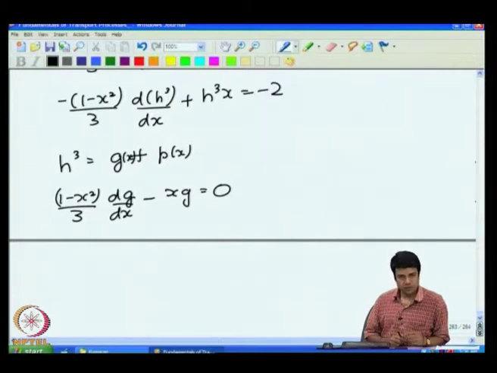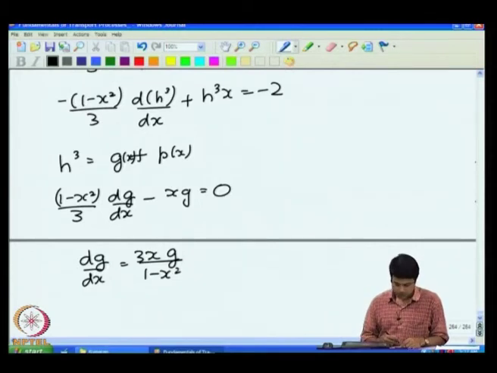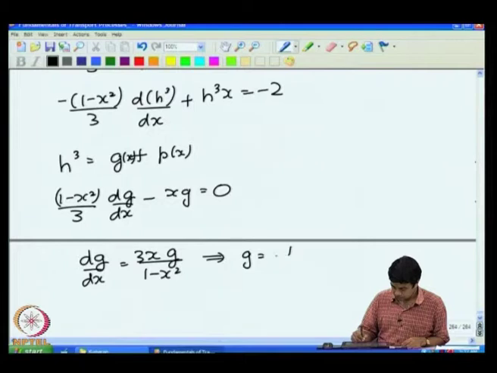So, this is the general solution, and I can integrate this out quite easily. dg by dx is equal to 3 x g by 1 minus x square. Which will give me the general solution as g is equal to 1 by 1 minus x square.